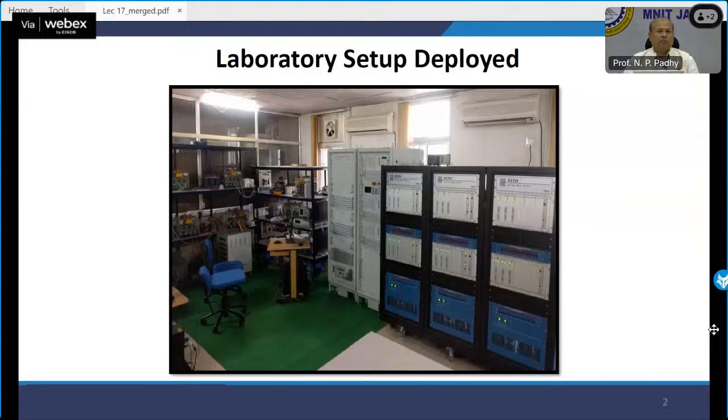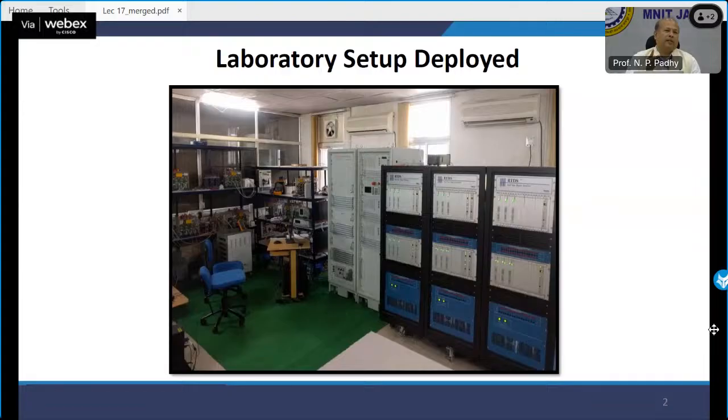If you see the other part, which is not visible here, next to the AC microgrid you will find another amplifier of larger size, so that you can do PHIL for the AC microgrid, PHIL for the DC microgrid, and PHIL for the AC-DC microgrid. So that is the idea of how the lab has been expanded.